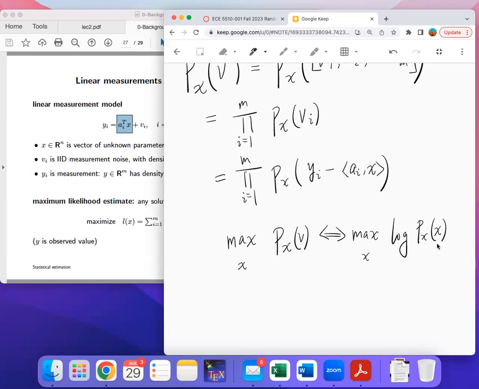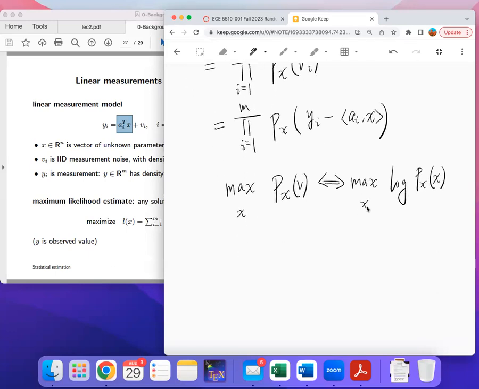So these two problems are equivalent. Why do we want to introduce log? You can see the p of x has a lot of products in it, which makes things complicated. Introducing a log can decompose or simplify these products. This is just for convenience.